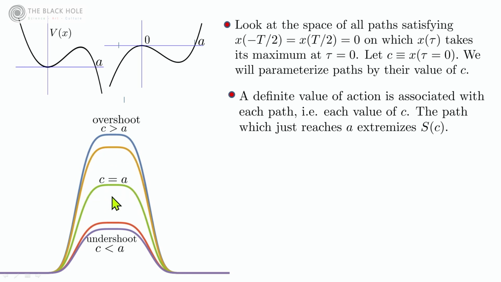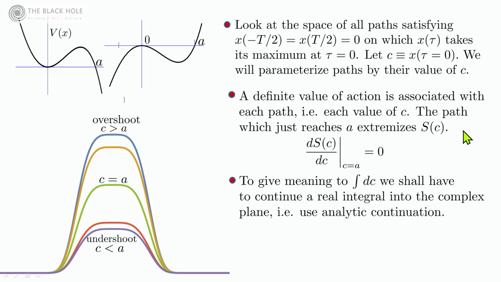The action is extremized only at C equal to A. So the path which just reaches A is the one that extremizes the action. And that's really the condition that the first functional derivative vanishes.